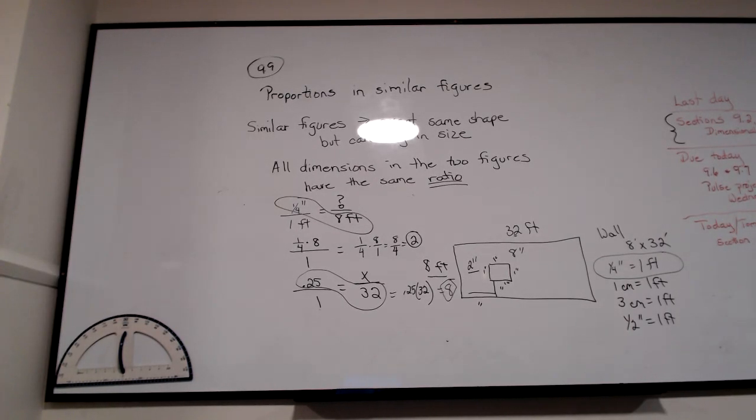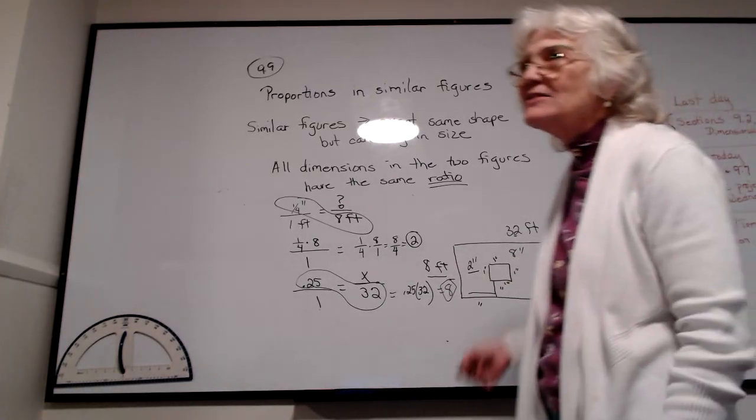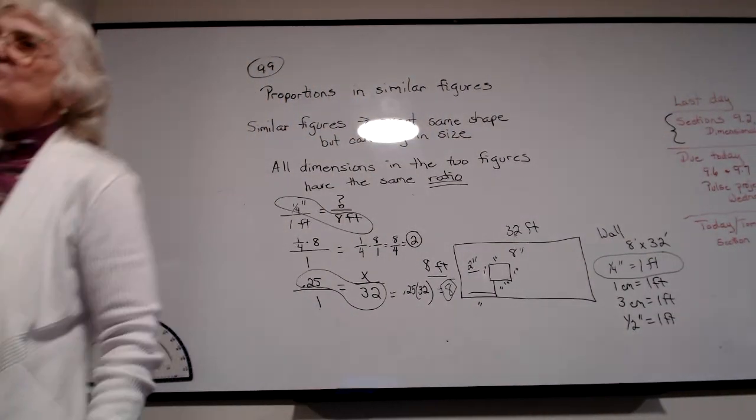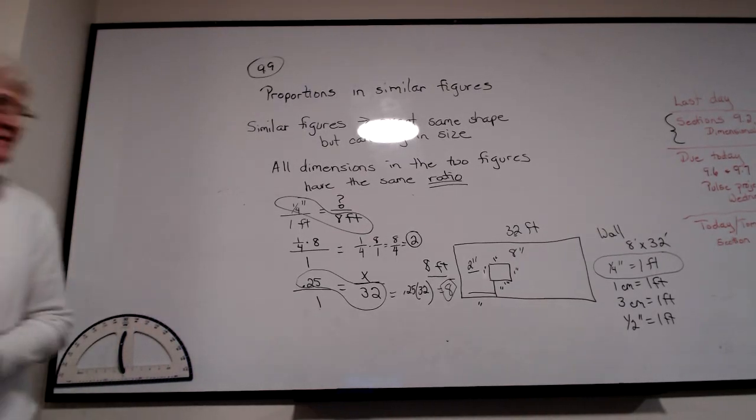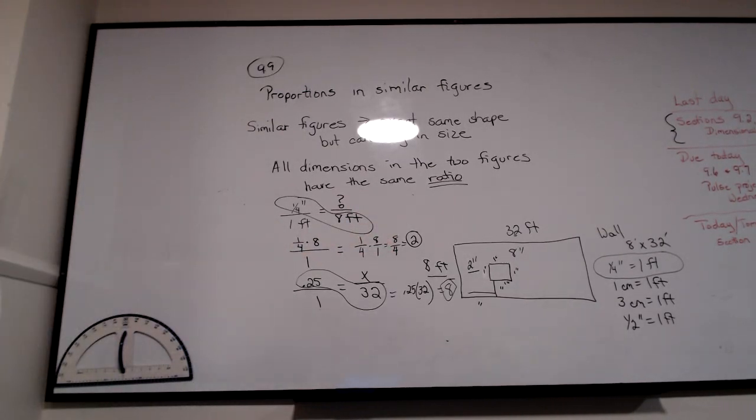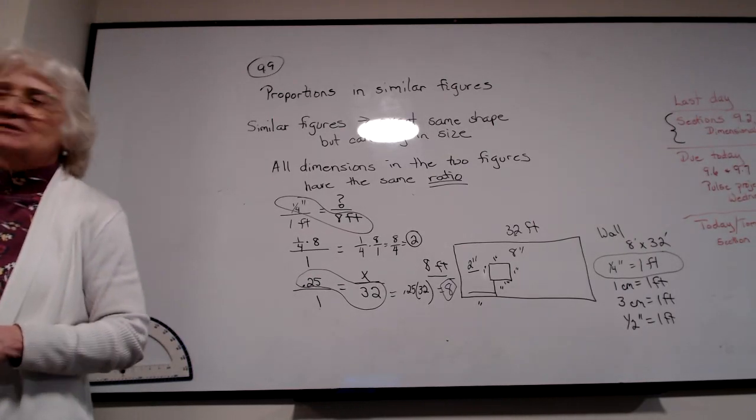There are plans for making all sorts of things. Everything that's manufactured usually has a 2-dimensional plan to it. An architect draws up all of these plans to make a house.